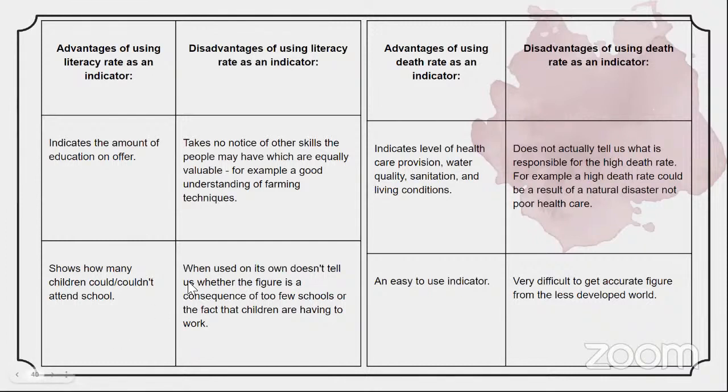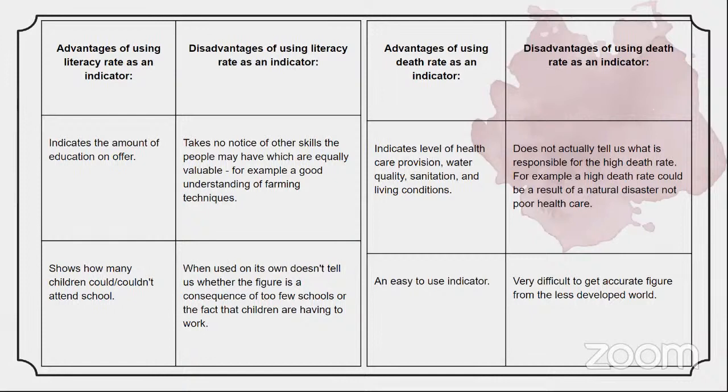The disadvantage is it takes no notice of other skills people may have. For example, good understanding of farming technique. So sometimes the literacy rate is more towards the education, the theories that we learn, but the physical one is not really being used lah, not really being considered. Macam tu lah.